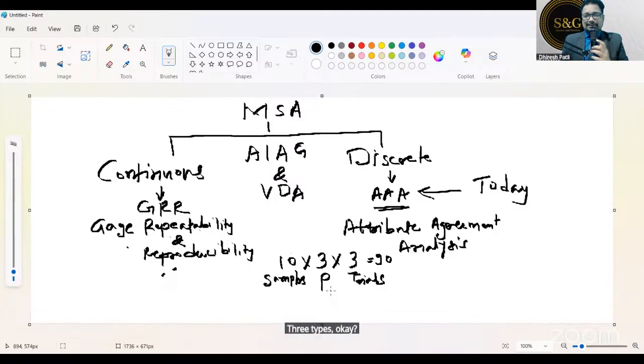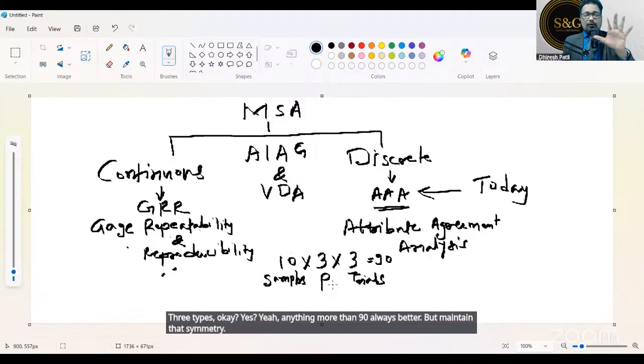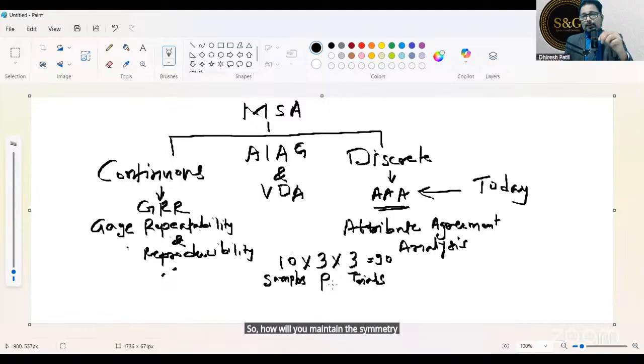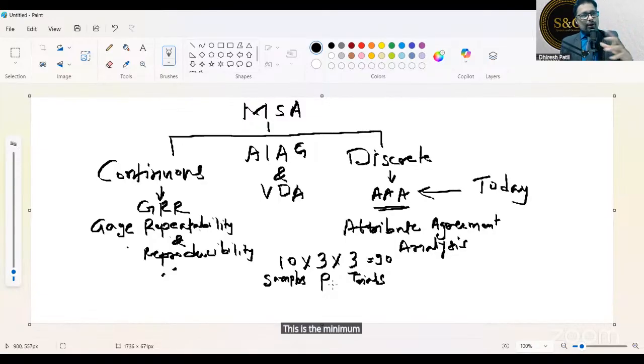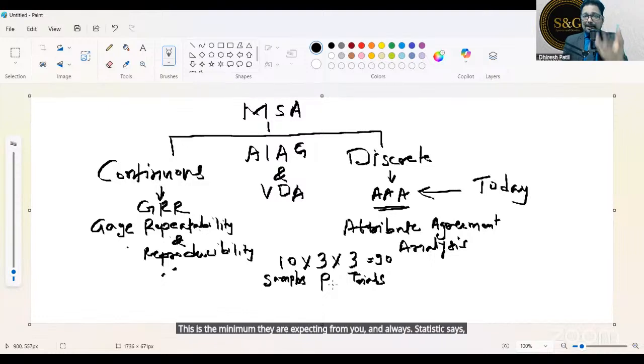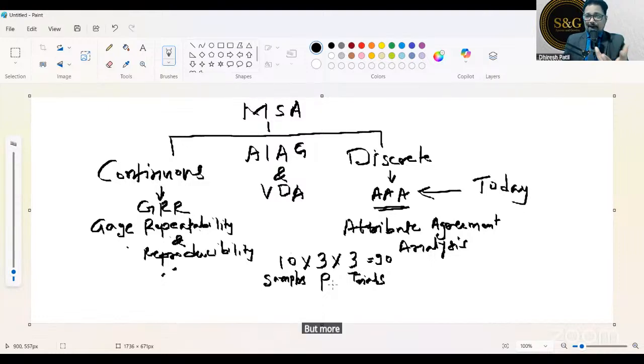Anything more than 90 is always better, but maintain that symmetry. How will you maintain the symmetry? Instead of 3 people, you can add 4 people. Instead of 3 trials, you can add 4 trials. But again, this is the minimum they are expecting from you. And statistics says the larger the sample size, the better for you to do the prediction, right?